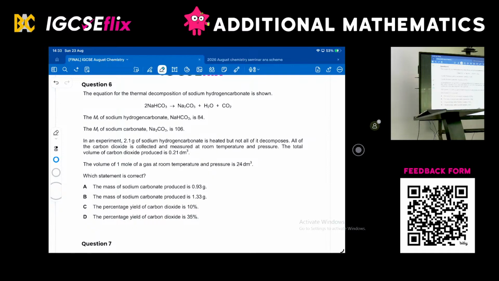Okay, when one person tells me the correct answer, then I will stop and I will teach. Yes, it is A. You got A? Yeah, okay, very good.